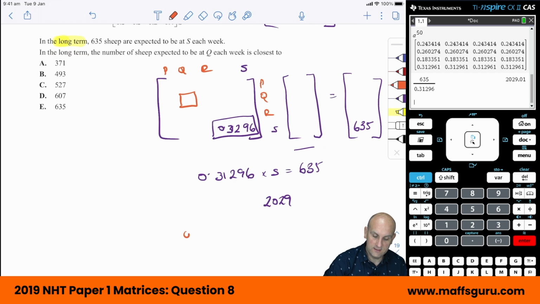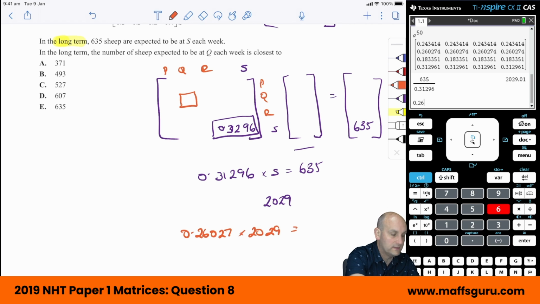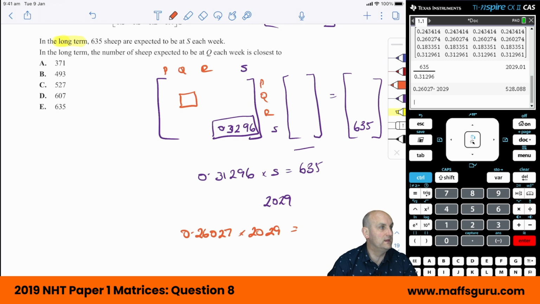So now what I'm going to do is 0.26027 times 2029 gives me 528-ish, and so C would be my correct answer, 528-ish.